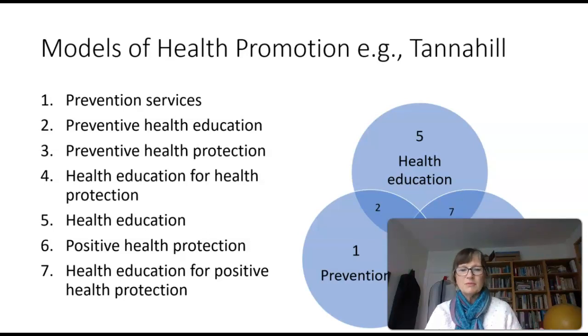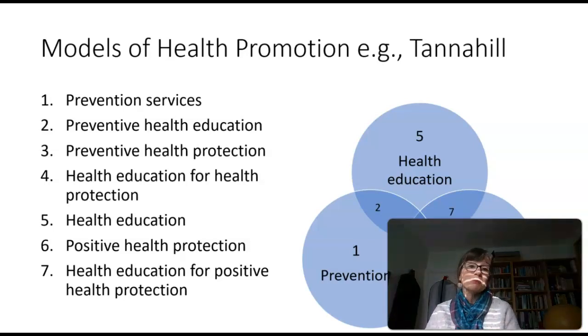So prevention is all around that. Preventive health education, that's the kind of stuff that we might be doing to try and prevent ill health, and provide people with information to try and encourage them to use preventive services. So like smoking cessation, for example, but you might then give them nicotine replacement therapy at the same time.